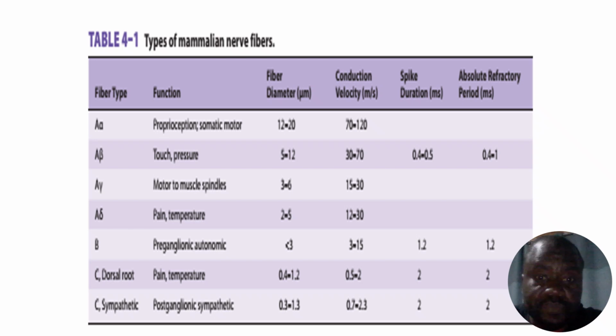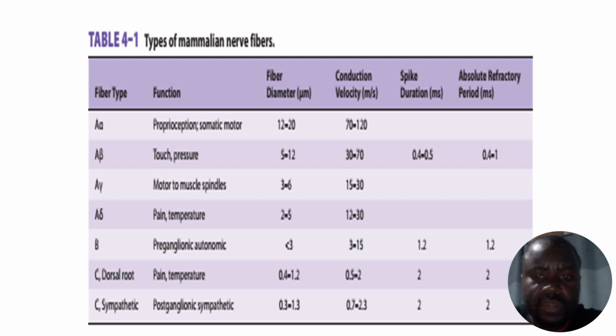Very, very fast. But in terms of conduction, relative to type C, you'll see the type C fibers conduct about 0.7 to 2.3 meters per second. Also crucial are the examples of type C fibers: slow pain is transmitted by type C fibers.